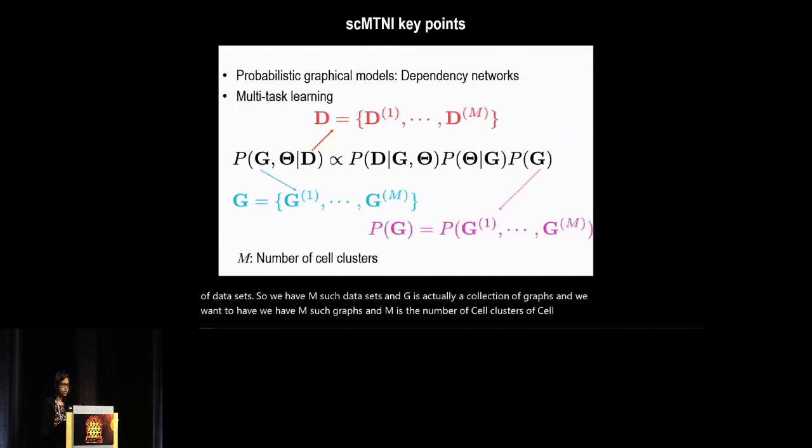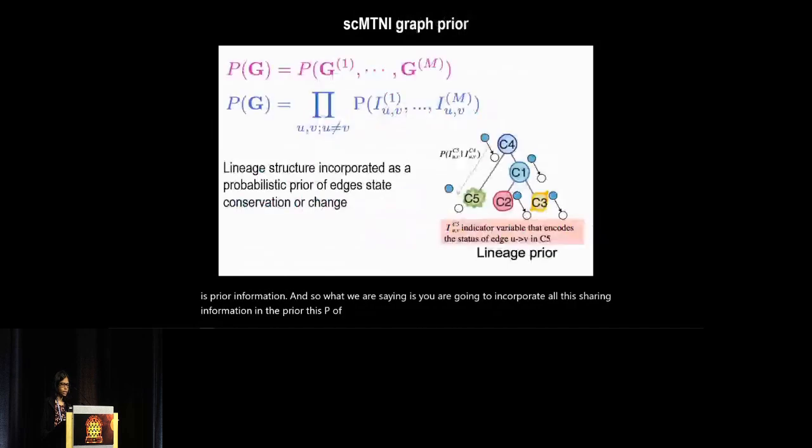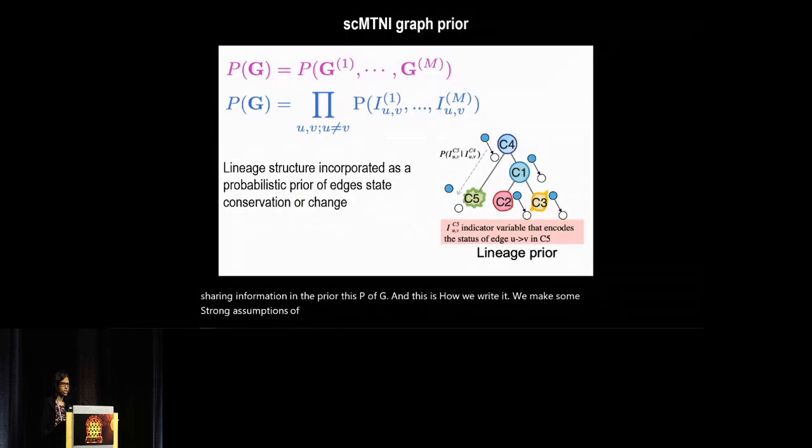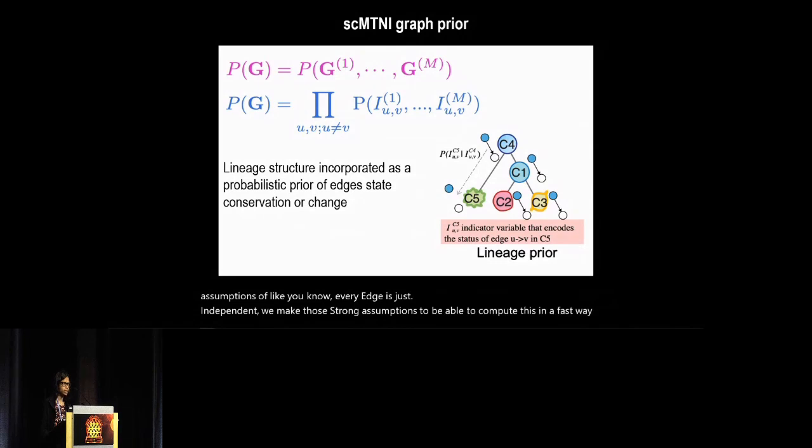And P of G is prior information. So what we're saying is you're going to incorporate all this sharing information in the prior, this P of G. And this is how we write it. We make some strong assumptions that every edge is independent. We make those strong assumptions to be able to compute this in a fast way. But this is, again, an area that people can explore. And there are not very many nice ways to do this.